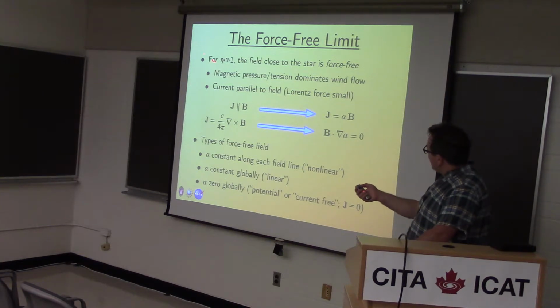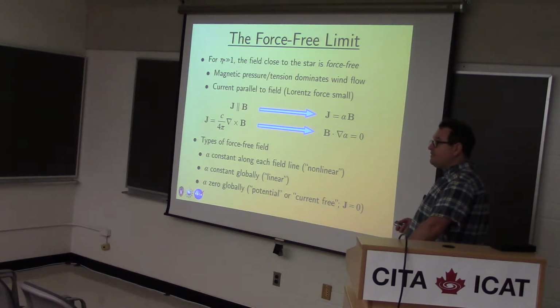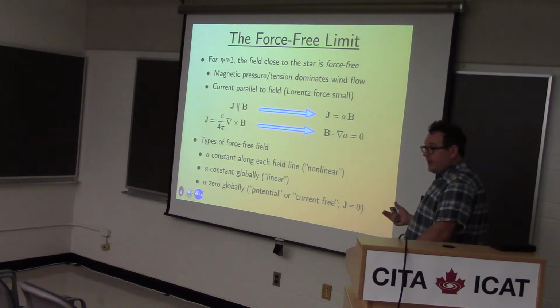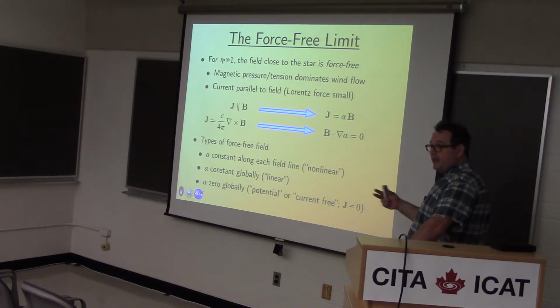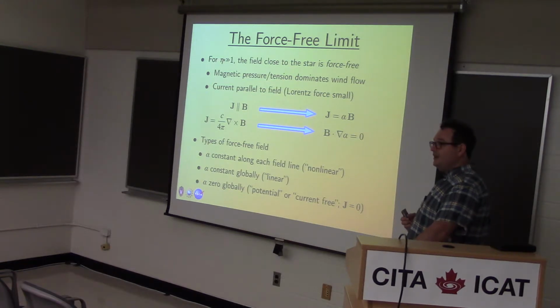Okay, so for stars that have eta star very much greater than 1, so very strong magnetic fields and a relatively weak wind, the Alfvén radius is going to be located quite far from the star. At least in the neighborhood of the star, the field is going to behave essentially as if it were force-free.